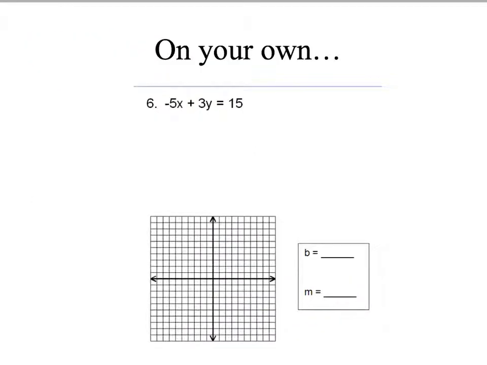All right, on your own, try this one. I'm going to be working it quietly so that you can try to keep up and see if you understand where I'm going. So it's a good self-test for you.